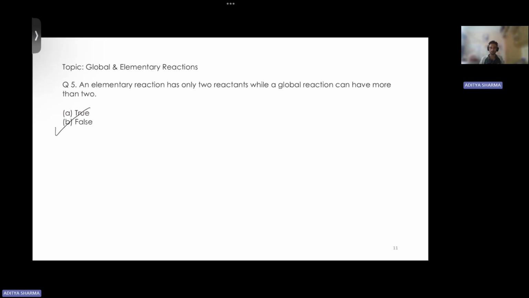That is three reactants of species in that case. Okay, so in that case, this becomes a false statement.